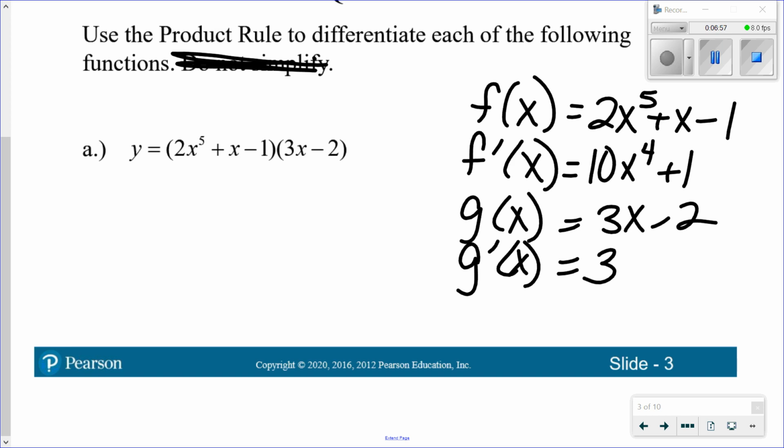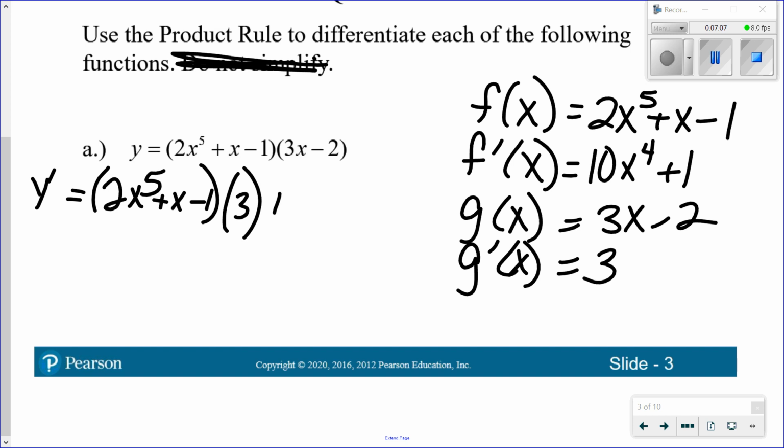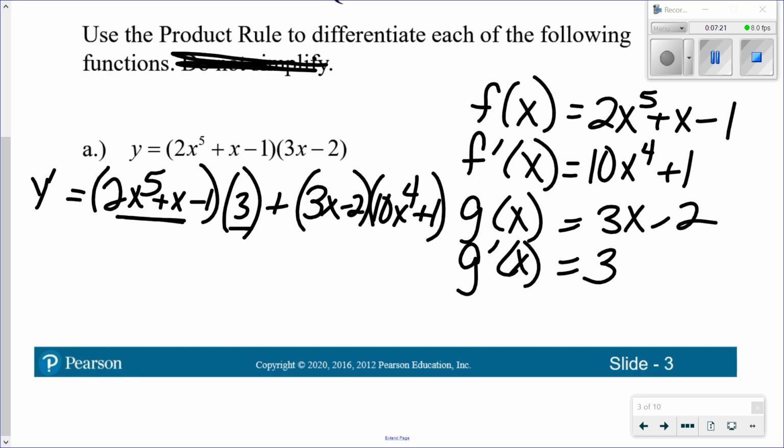All right, so y prime equals 2x to the 5th plus x minus 1 times 3 plus 3x minus 2 times 10x to the 4th plus 1. So I have the first times the derivative of the second, so f of x times g prime plus g of x times f prime.